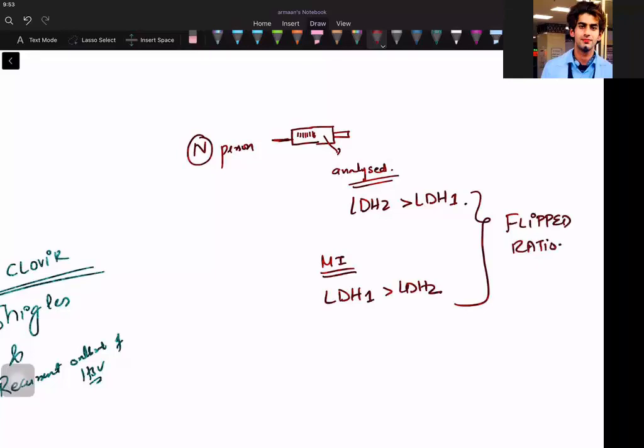Normally in my blood, I am appreciating LDH2 greater than LDH1, but in a patient with myocardial infarction, what you call in layman's language a heart attack, we have LDH1 greater than LDH2, and this is called flipped ratio. Correct? Is this clear?